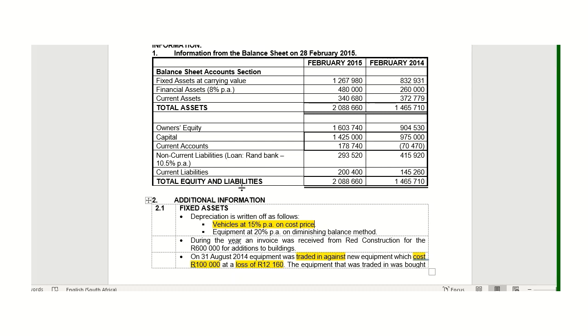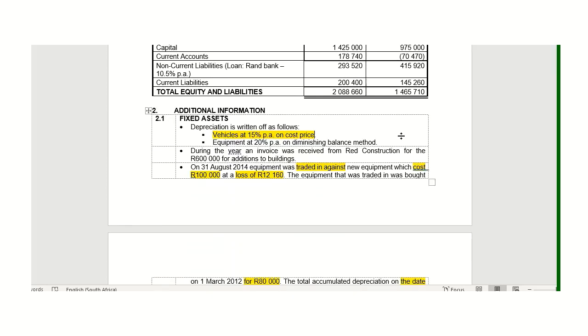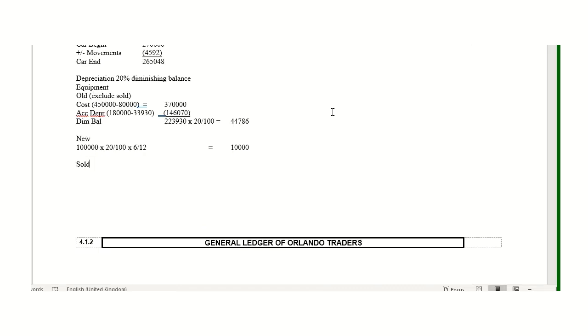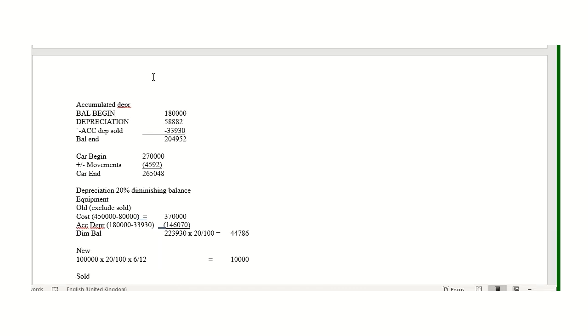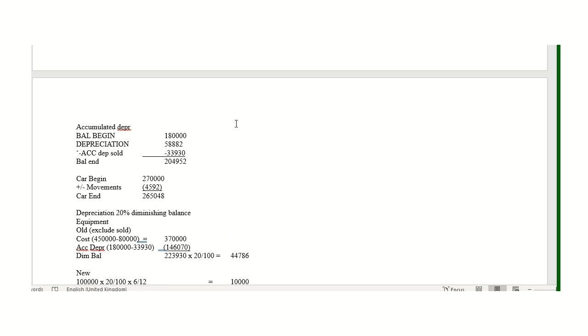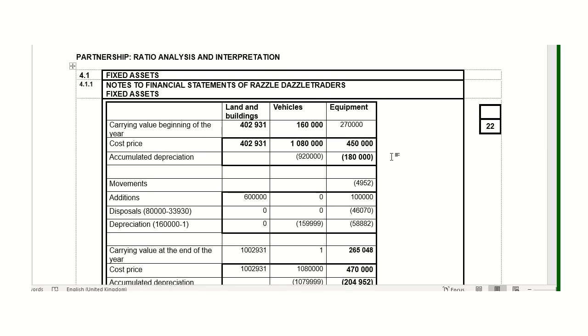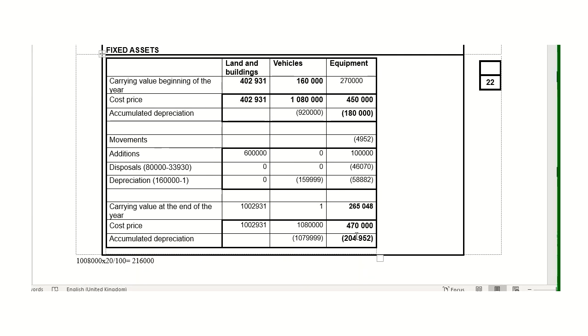In other words, from the 1st of March until the 31st of August, and there is not enough information. So in this specific activity, I couldn't use this bit. I had to use one of the first two ways of calculating the depreciation. But in the next activity, we will look at one where we actually calculate the depreciation. So that is your note 3 for this activity.